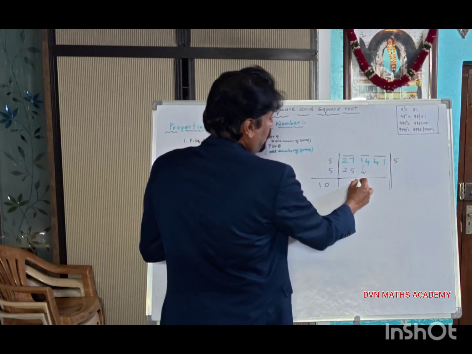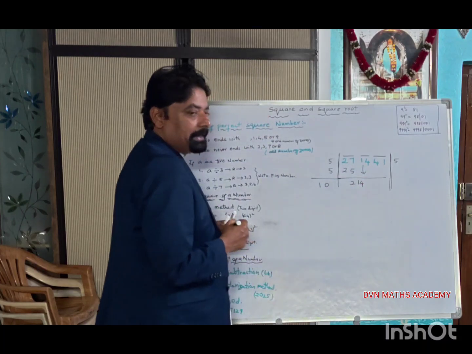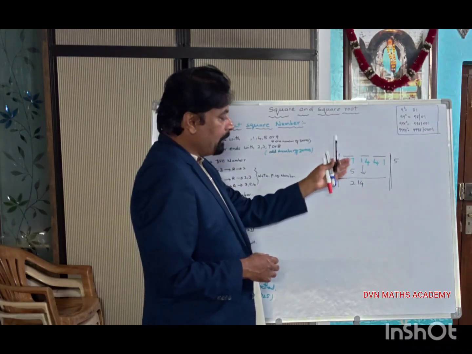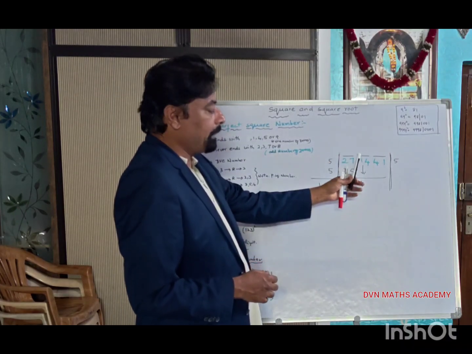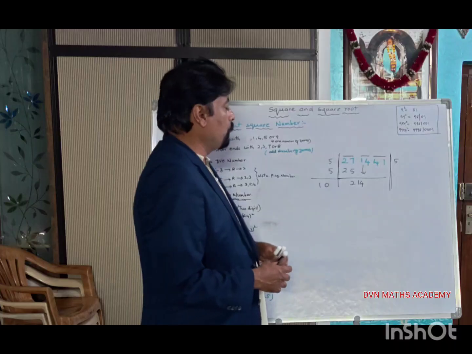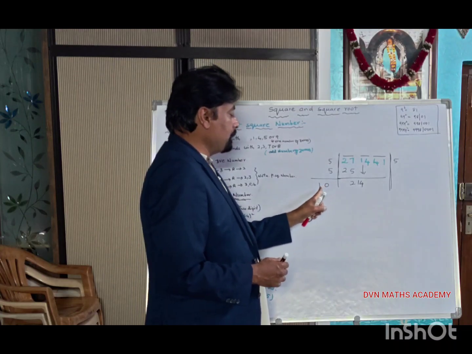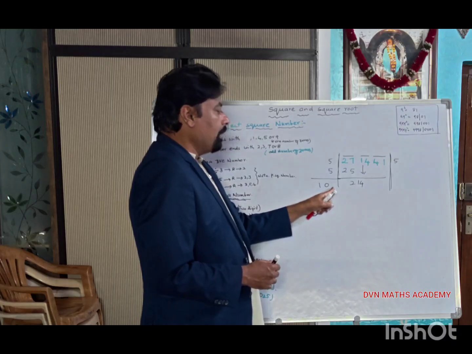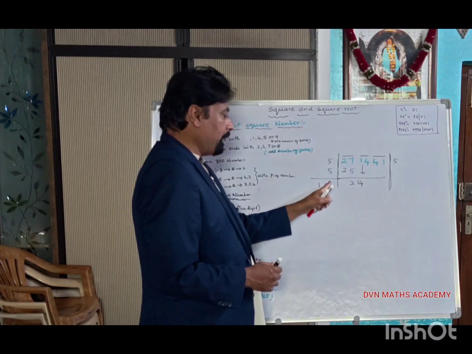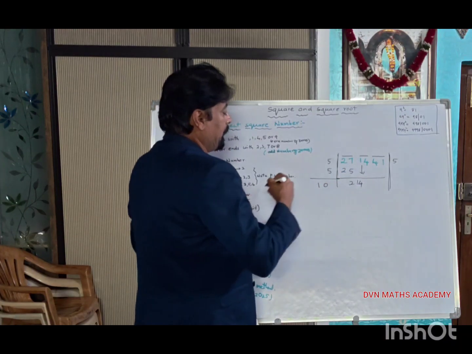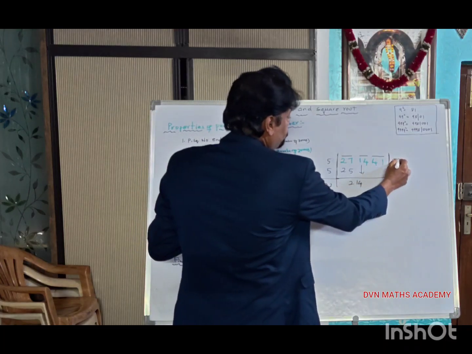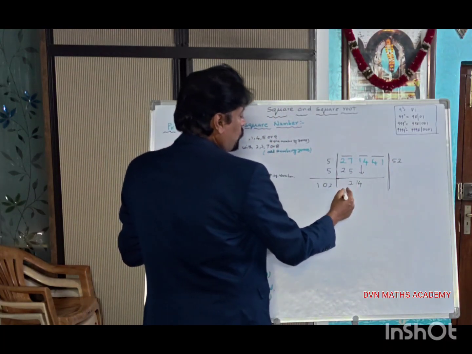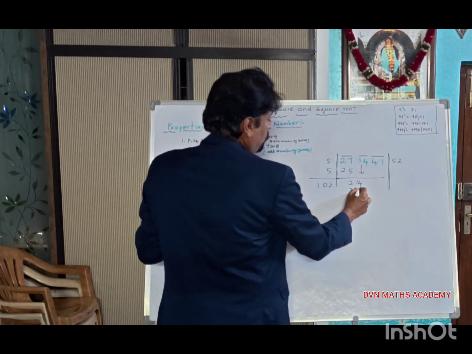Next you take 2 digits at a time. In common division we take only 1 digit, but in finding the square root by the division method you take a pair. So that is 14 and 1, bringing down 214. If I write here 1, this will be 101 ones are, and if I write here 2, 102 twos are. So it will be near to 102 twos are 204.